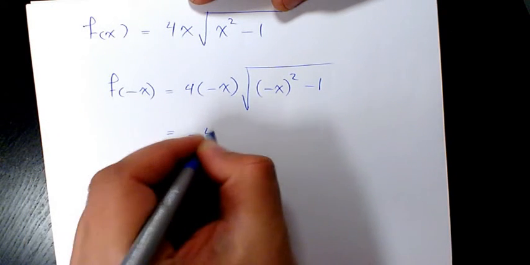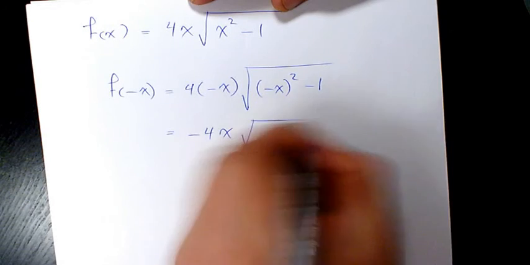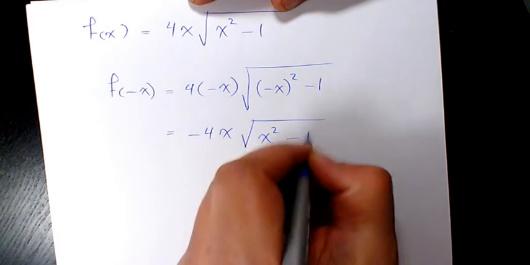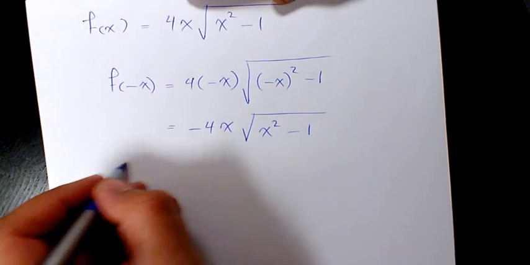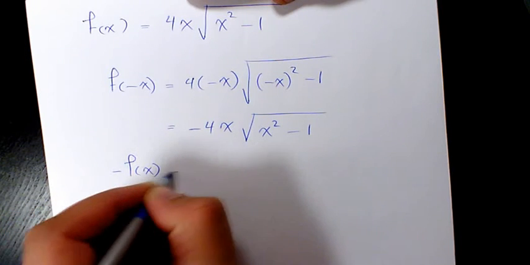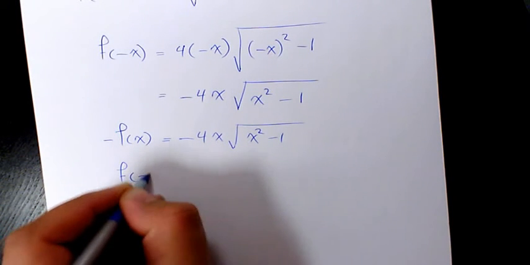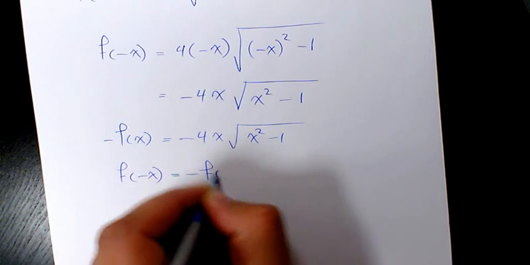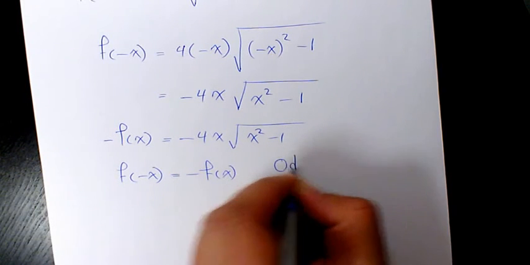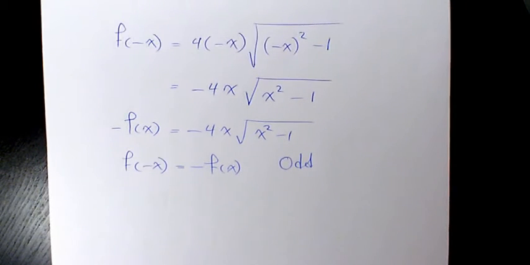That's going to be negative 4x times the square root of x squared minus 1, which, as you write negative f of x, is exactly the same thing. So f of negative x equals negative f of x. Definitely that's an odd function.